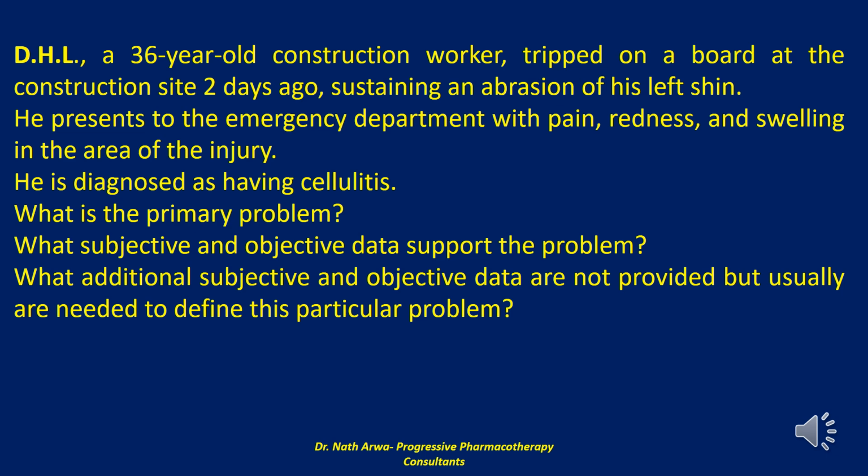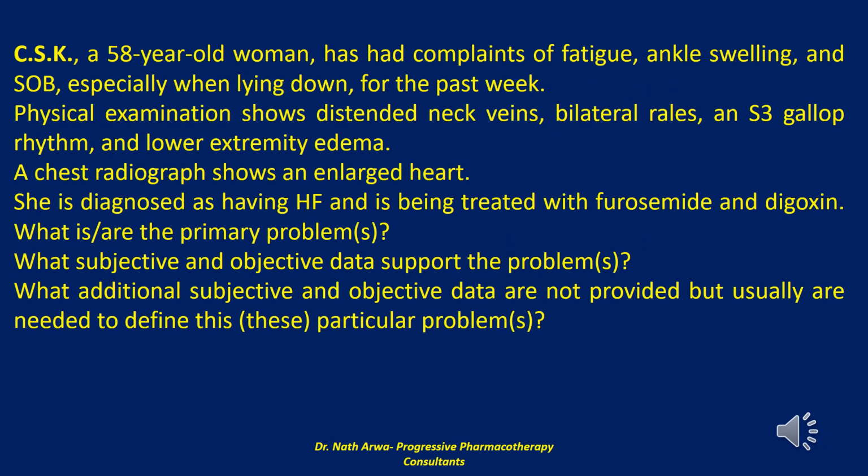The next question reads, CSK, a 58-year-old woman, has had complaints of fatigue, ankle swelling, and shortness of breath, especially when lying down, for the past week. Physical examination shows distended neck veins, bilateral rales, an S3 gallop rhythm, and lower extremity edema. A chest radiograph shows an enlarged heart.